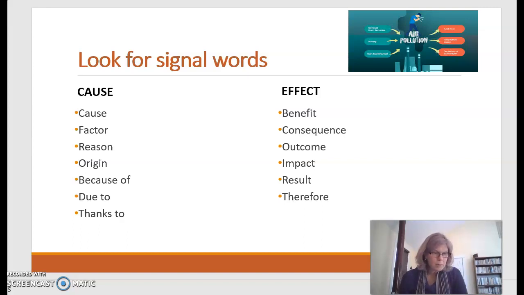They give you verbs, nouns, they give you other phrases that point to causes, and I just wrote a nice list here, and then effects. My image here is talking about air pollution and what are the kinds of words that will be used to talk about causes, to talk about effects of this problem.